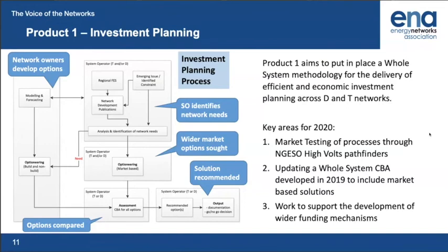If flexibility is looking to connect to either the T or D, then we would anticipate that the most economic solution would come by the flexibility provider understanding the connection costs to them of connecting to T or D, and that will be reflected in their costs. I hope that answers your question. If not, please come back to me on that one.